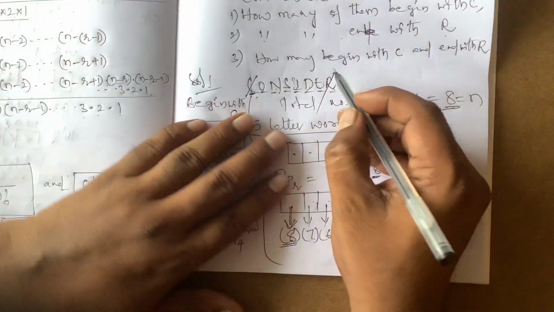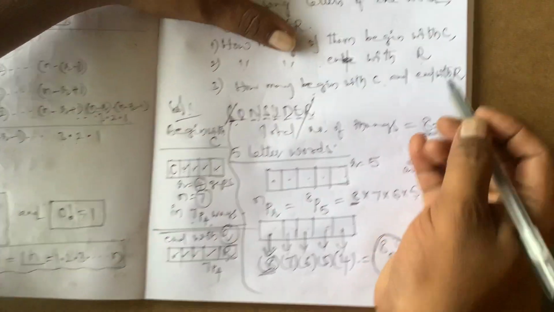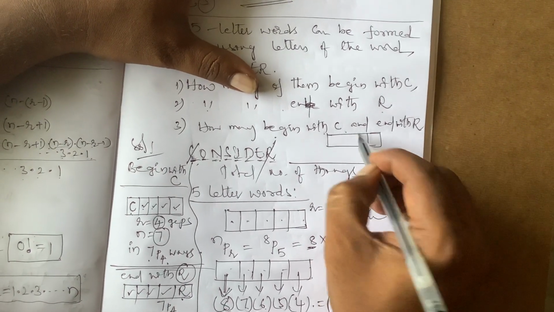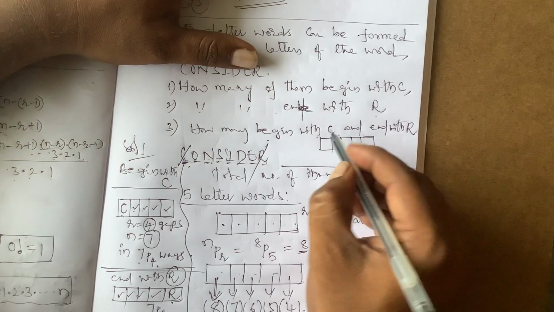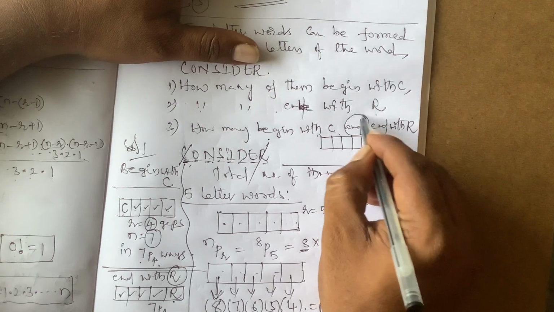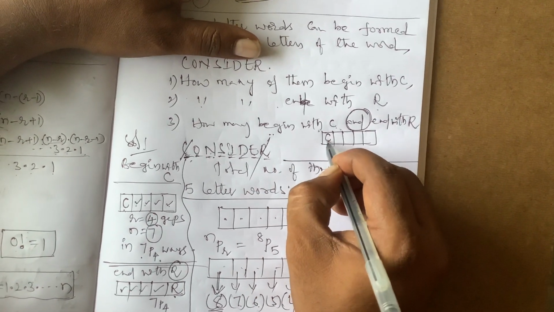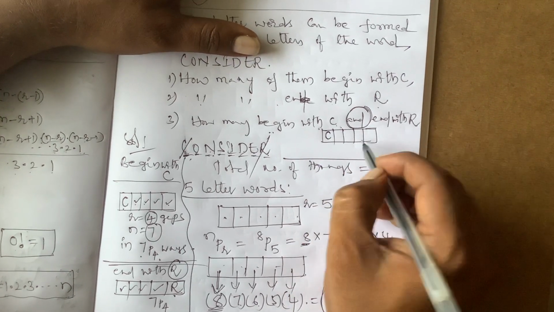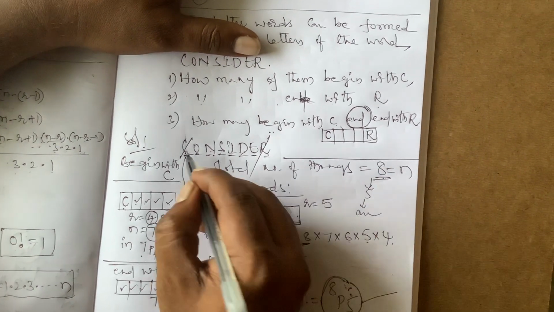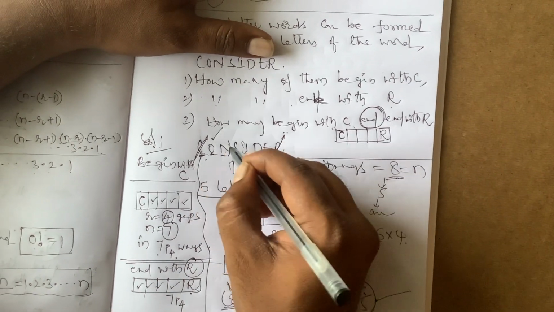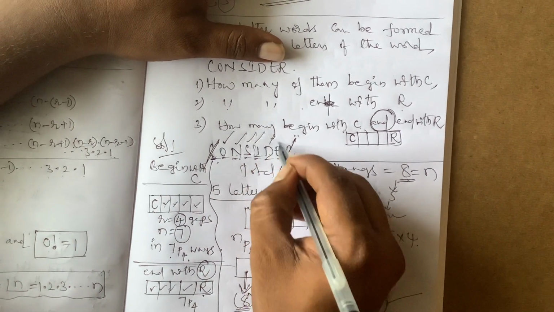Now the last bit. How many begin with C and end with R? Same for this one also. Our requirement is 5-letter words only. Begin with C and end with R; here the end is important. So begin with C means fix C here, end with R means fix R here. So in the given word, C cancel, R cancel. Then how many letters remain? 1, 2, 3, 4, 5, 6.